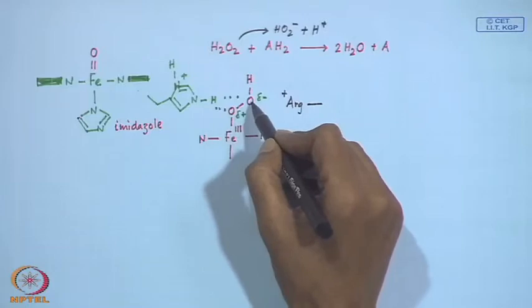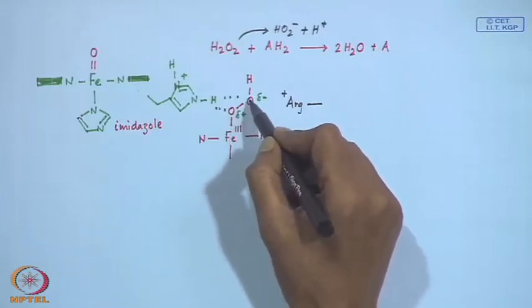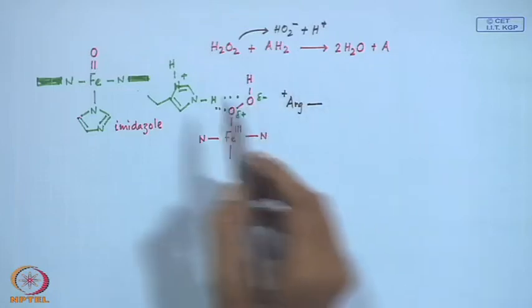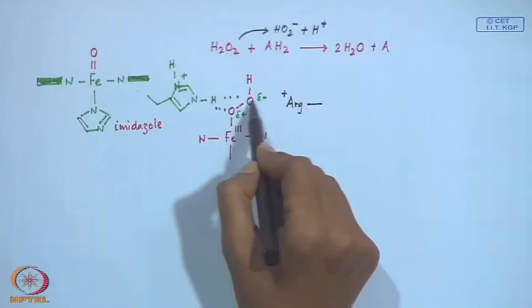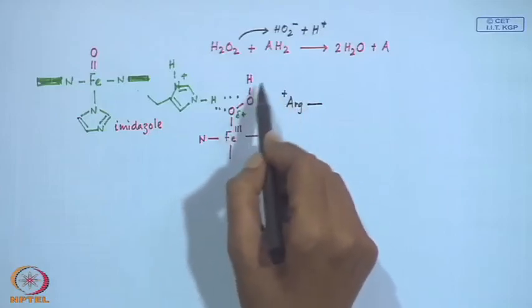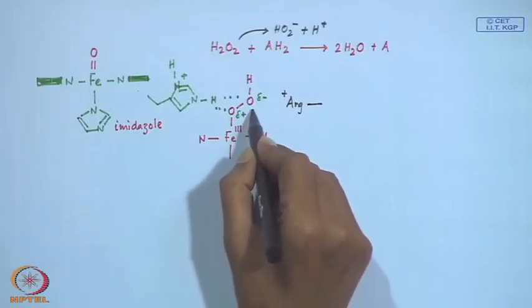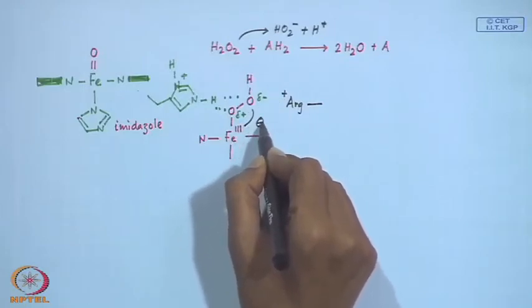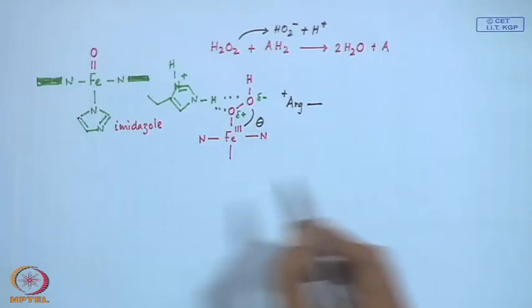That will be known by knowing the corresponding OO bond length, and at the same time the FeOO bond angle also. You see, the hydrogen bonding push from this side and another interaction from the arginine side will stabilize this arrangement at a particular angle.